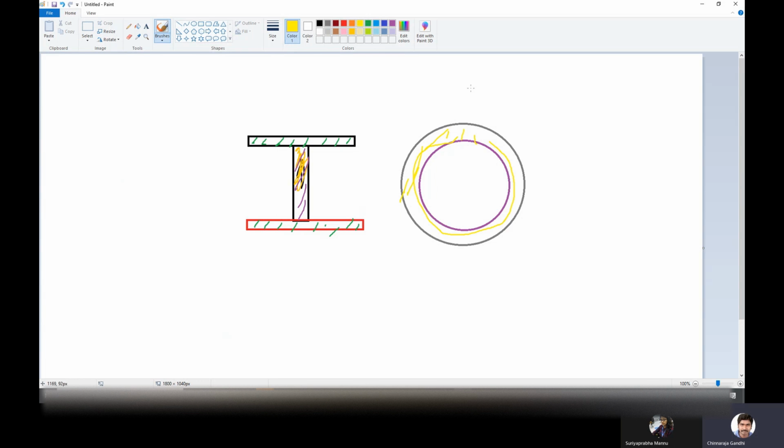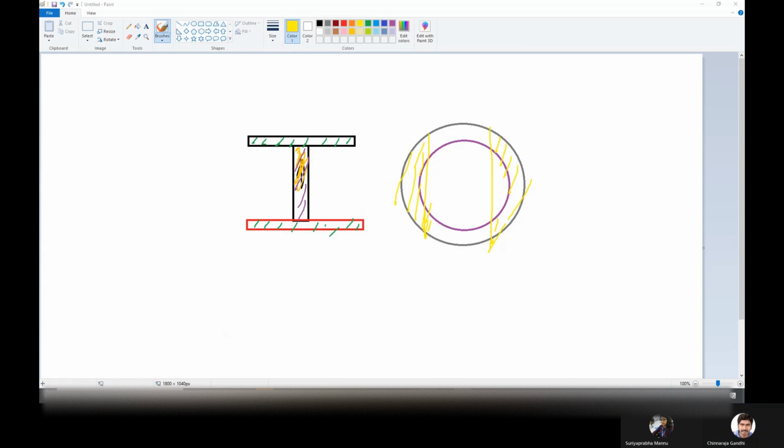Because when subjected to bending, the same concept applies: in shear, only this area will contribute. If you put a line, this is the area that is going to be effective. That is the reason for tubular also we are taking only 0.5 of the area.